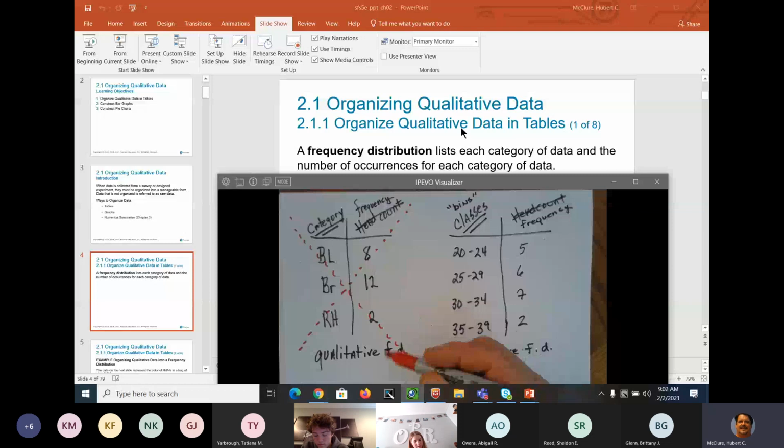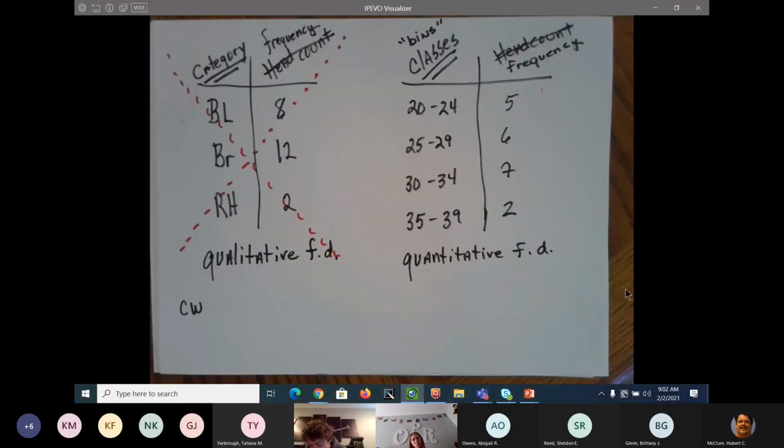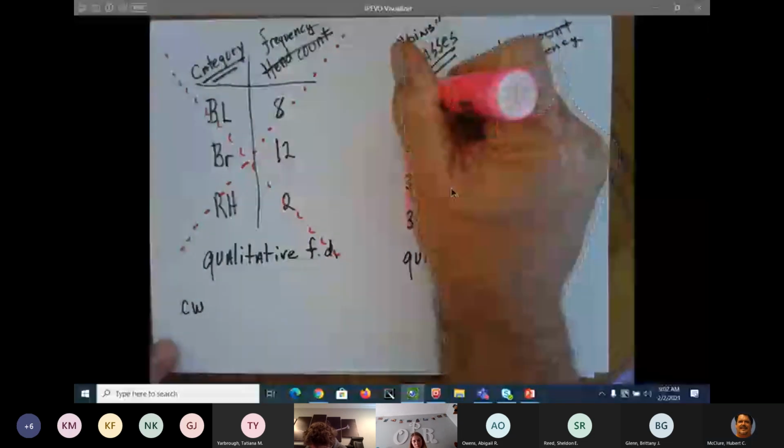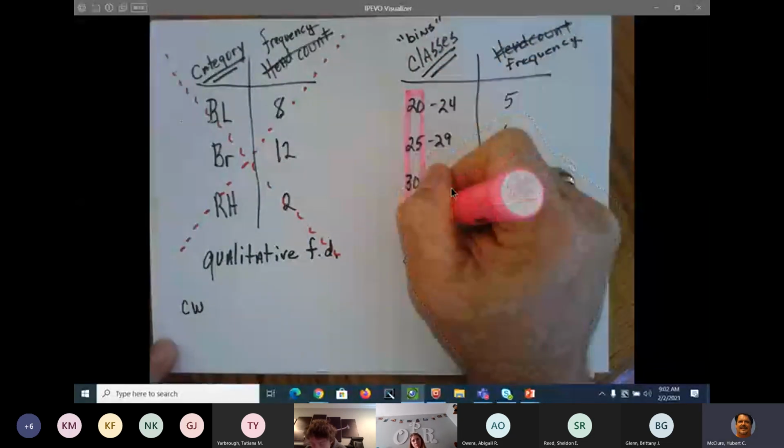Everything mathematical that I'm about to show you is usually with a quantitative frequency distribution. And I'm going to take my pink highlighter and highlight these numbers right here. Can anybody tell me what these numbers are called?